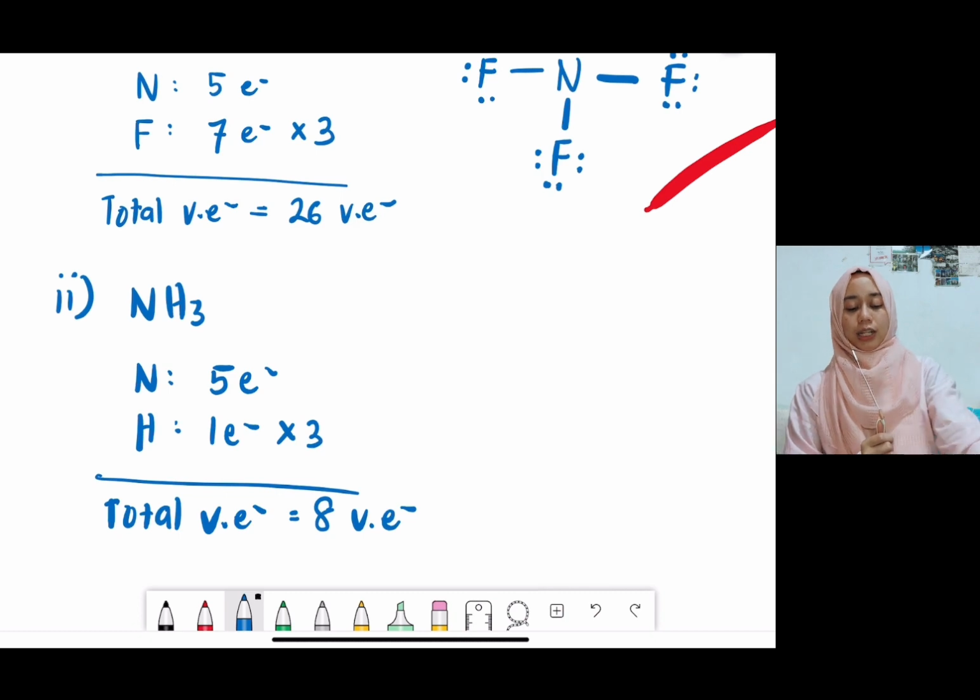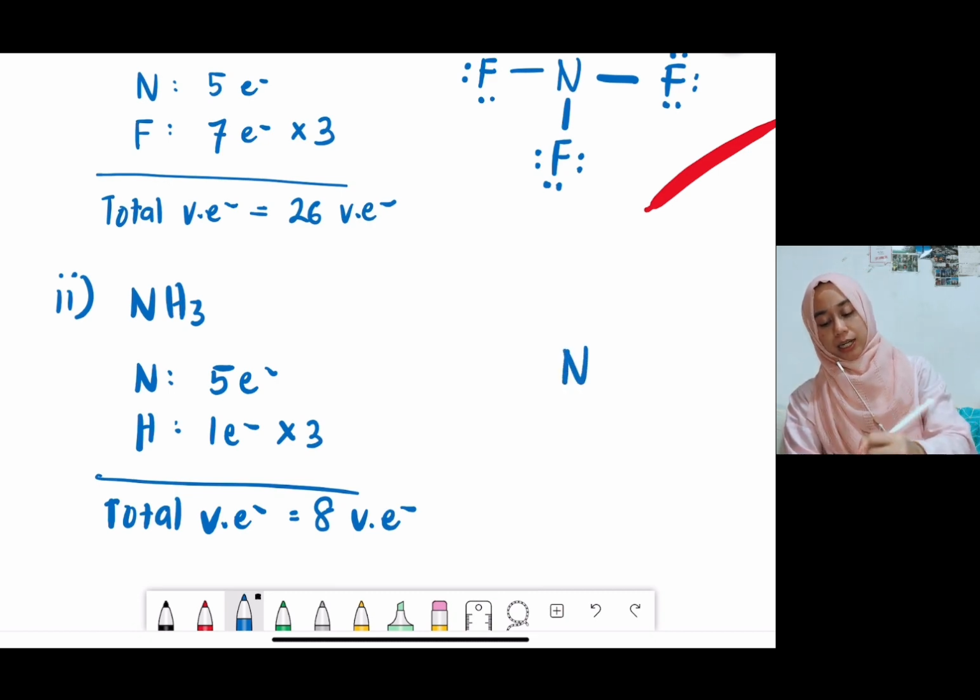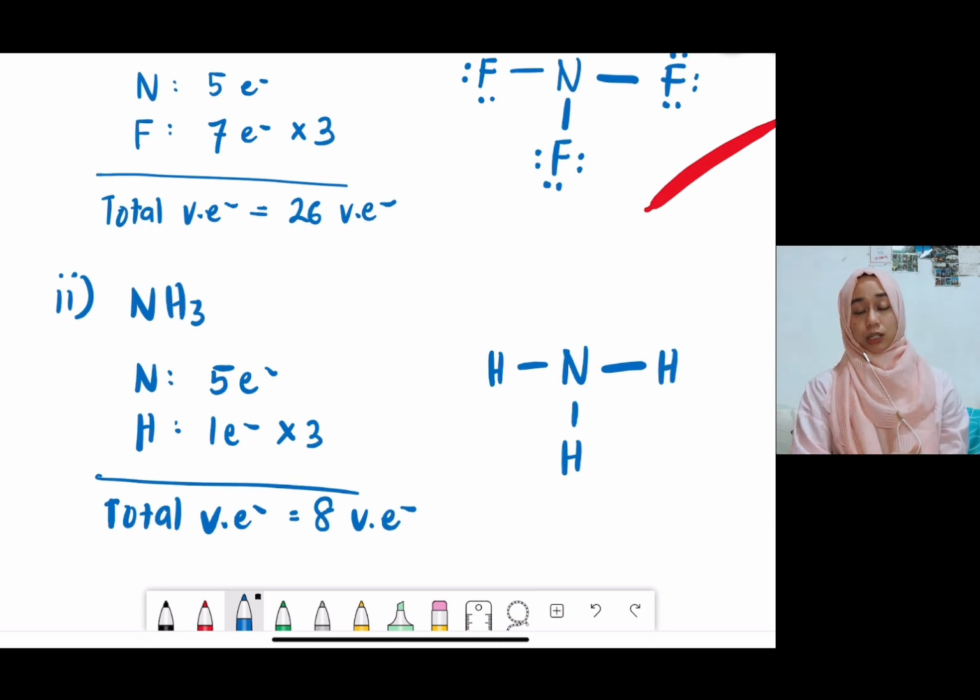Okay, so antara nitrogen dengan hydrogen pula, walaupun hydrogen is a more electropositive atom ataupun less electronegative compared to N, tapi bear in mind, hydrogen will always be terminal. Therefore automatically our nitrogen akan jadi central atom lah. So kita just letak hydrogen sekeliling dia dan okay, terus letak bond, single bond tu.